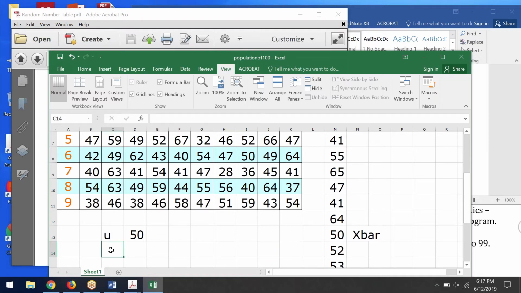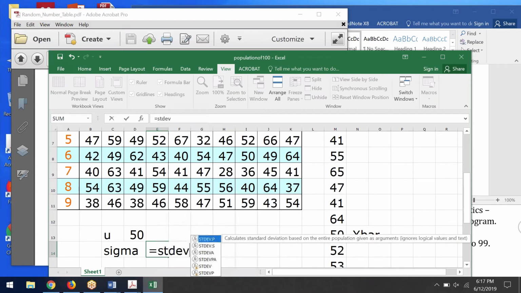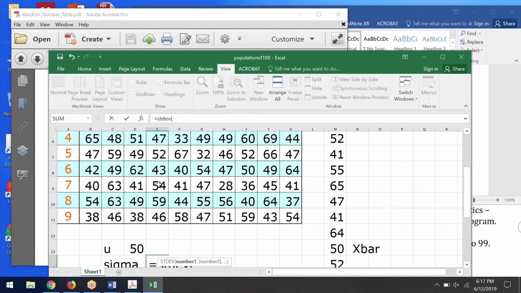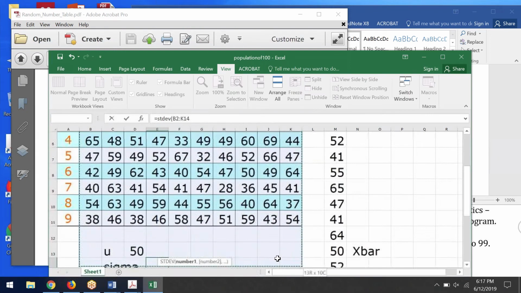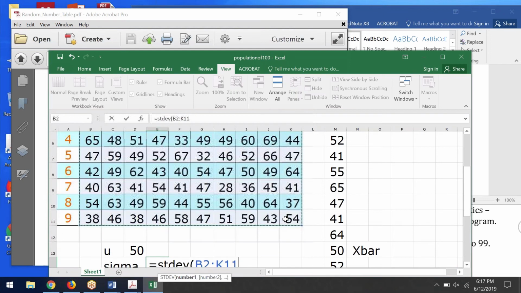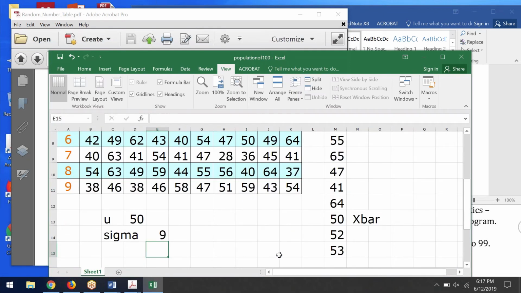What's the standard deviation? What's sigma for this population? Well, sigma is going to be equal to the standard deviation for this entire population. Okay, and sigma was 9. The standard deviation of this population is 9. So what does that tell me?